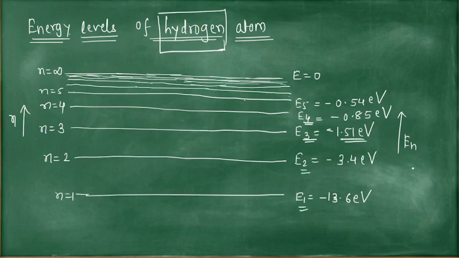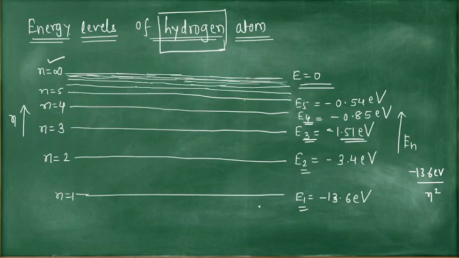The usual formula, minus 13.6 electron volt upon n square. So put n is equal to 2, you will get E2, n is equal to 3, you will get E3 and then continue, and the last is E equal to 0 when n is equal to infinity. As n increases, energy also increases, and E0 is the highest energy level.